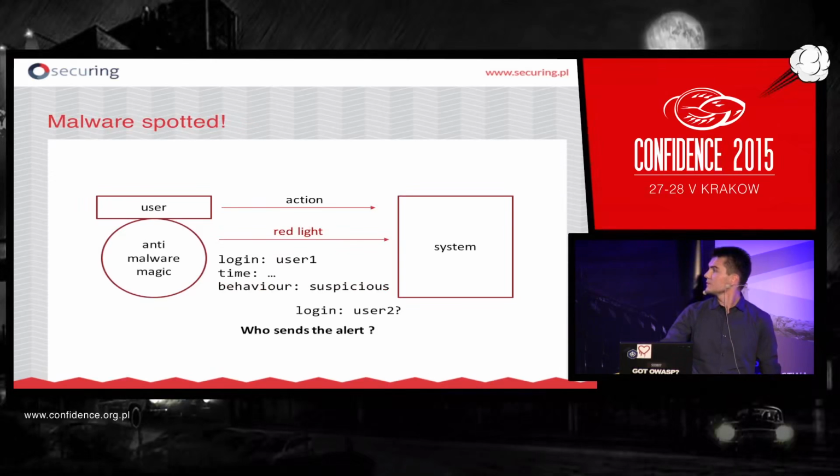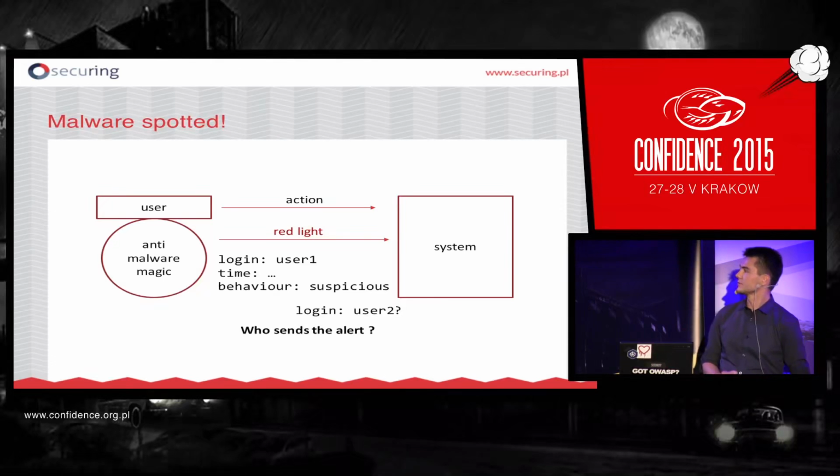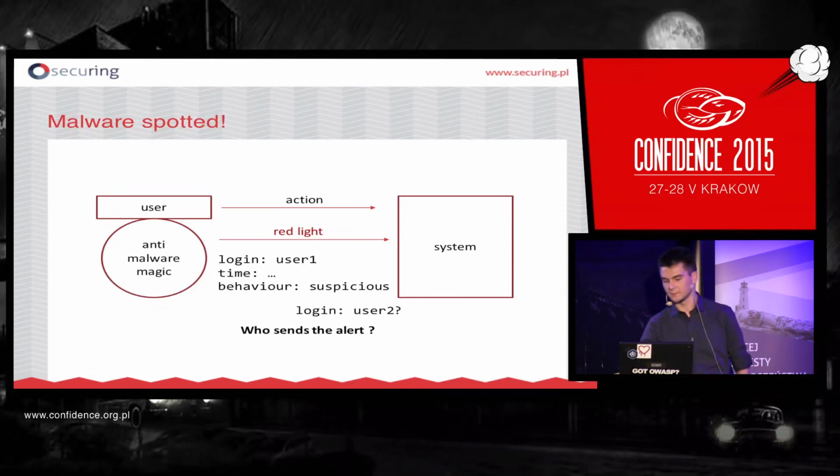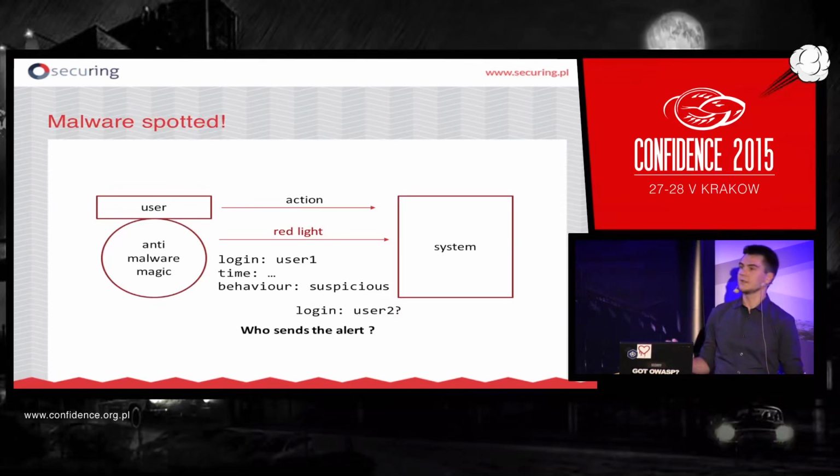Okay, so once the malware was spotted, we found the third vulnerability in a few solutions. In this red light request, there was an alert. The alert contained some data, the login of the user, the time, and the behavior. Sometimes in the behavior it was said it is suspicious, sometimes it was even the name of the malware. So what would you do?